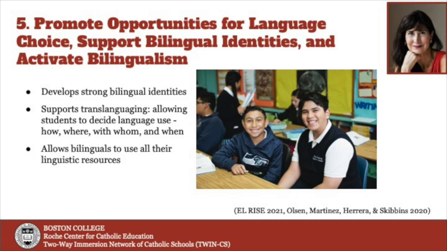It supports translanguaging, allowing students to decide language use, understand how the context determines code switching or use of language, and they actually have the freedom to choose, but at the same time applying sensibility so that they expand their opportunities and be able to be in different workplaces, since they know which context it is and what language or code to use when choosing language.